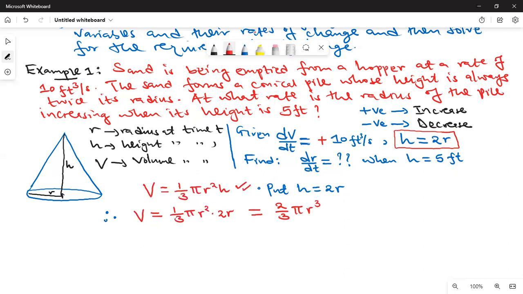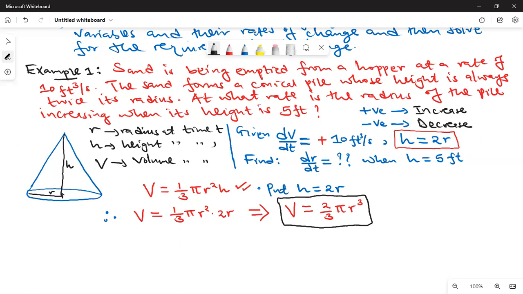So this is now a relation between volume and the radius r. Let me write this in a better way: V = 2/3 pi r cubed. That is the equation I was talking of, an equation relating the variables that the problem involved.